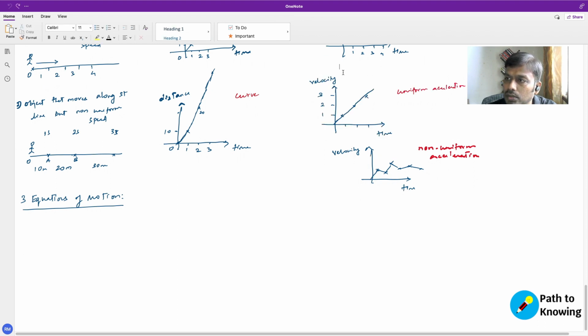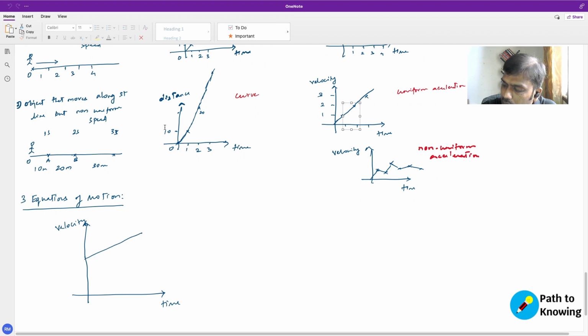Now let's take a slice of this, maybe something like this part, and let's try to magnify that. So it's going to look something like this. On a graph, here is your velocity, and this is time, and you're going to have the object.